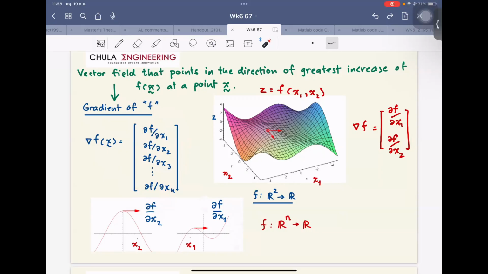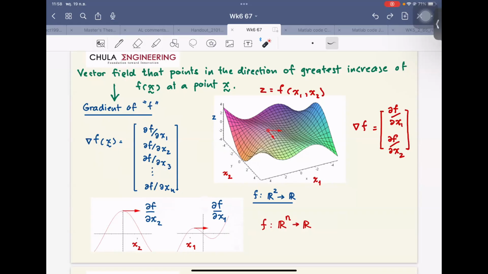The first component here, the second component, these are the components of the gradient. This is the gradient in the case of two unknowns, where vector x has two components. The output of the gradient is a vector, and it's a function of coordinates, so we call it a vector field.